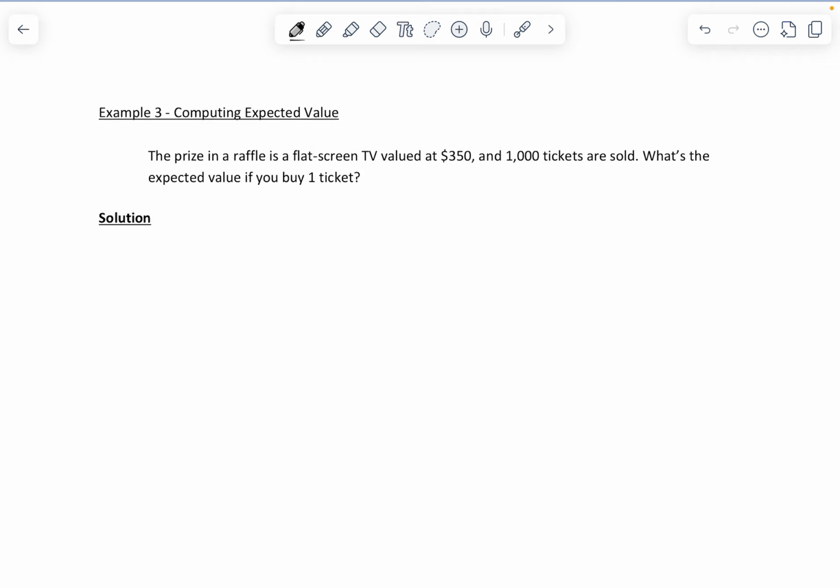So for the expected value, we first need to figure out the probability of winning, and that would be 1 out of 1,000. We multiply that probability by the amount won. The amount won is not $350, but actually $349, because you had to pay $1 to play the game. So you come out ahead by $349 if you win.